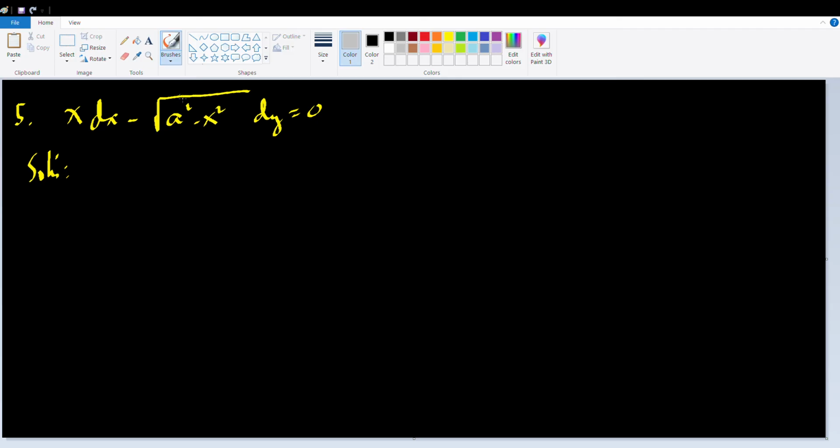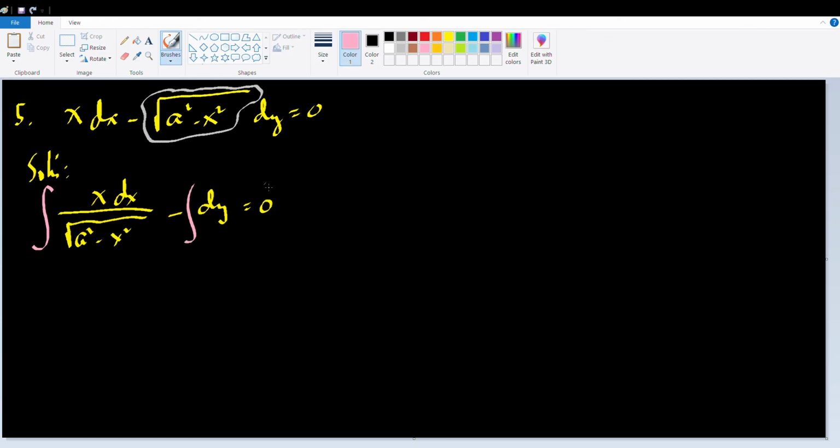It is clear that we do not want square root of a squared minus x squared to be part of dy, so we divide by square root of a squared minus x squared. That will be x over the square root of a squared minus x squared dx, sorry, that should be dx, minus dy equal to 0.